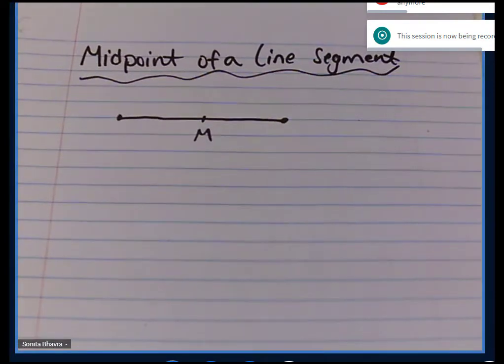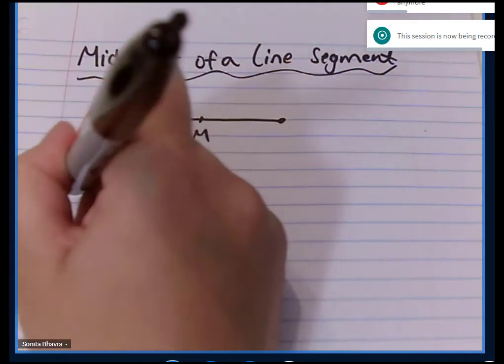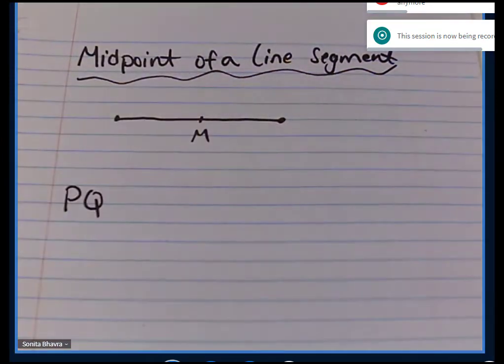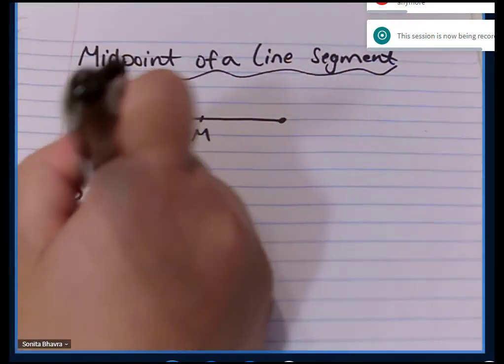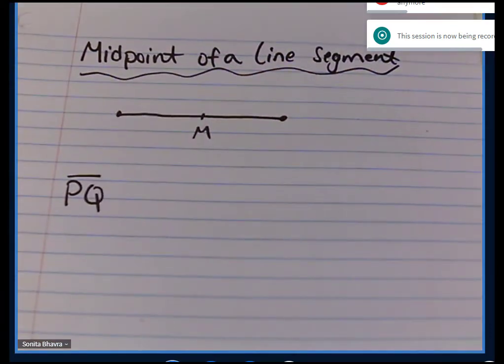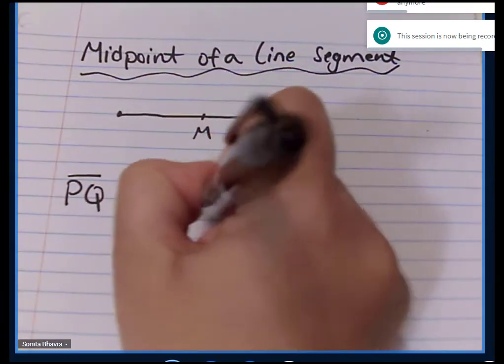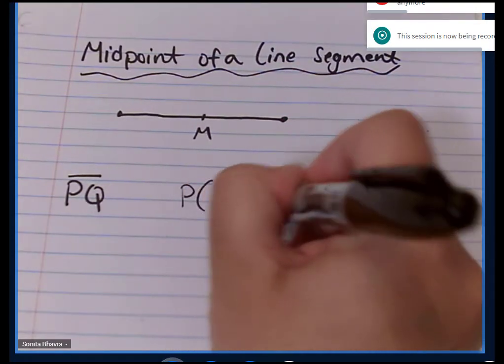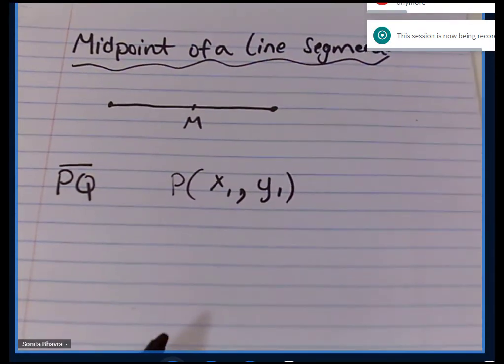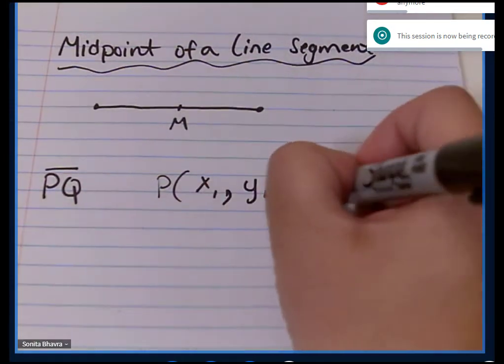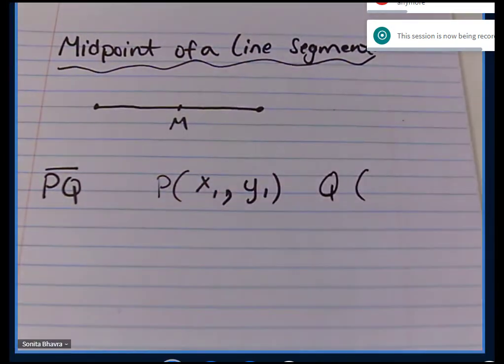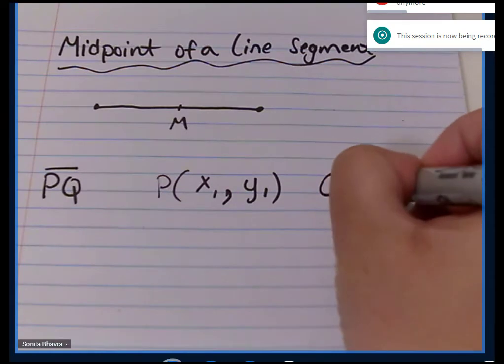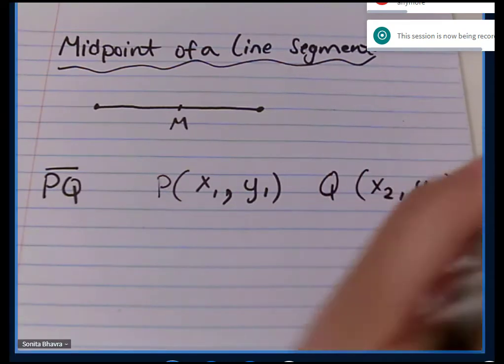let's use an example. Let's say we have PQ. It's a line segment, and we're going to say P has the endpoints (x1, y1), and point Q has the endpoints (x2, y2).